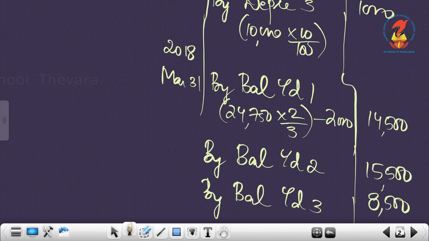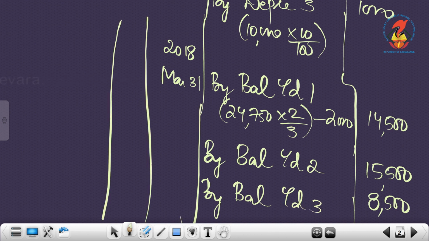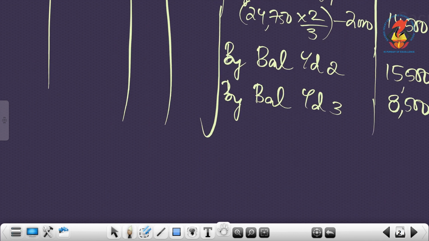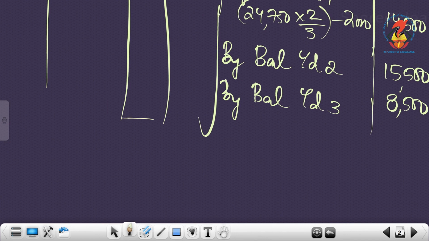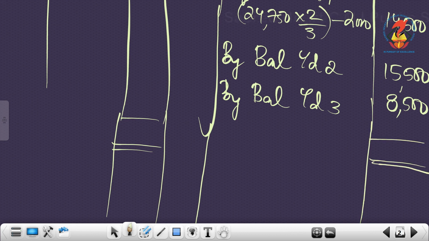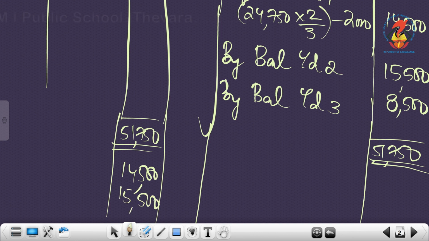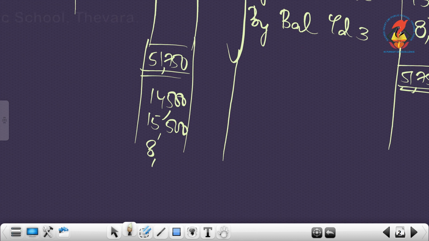We will take it to the opening of the next year because that's what is asked in the question. What is the opening balance on 1st April 2018? So the opening balances we will write now. So you write the totals and then we will write the opening balances. Total is 51,750. And the opening balances we will write 14,500, 15,500, 8,500.